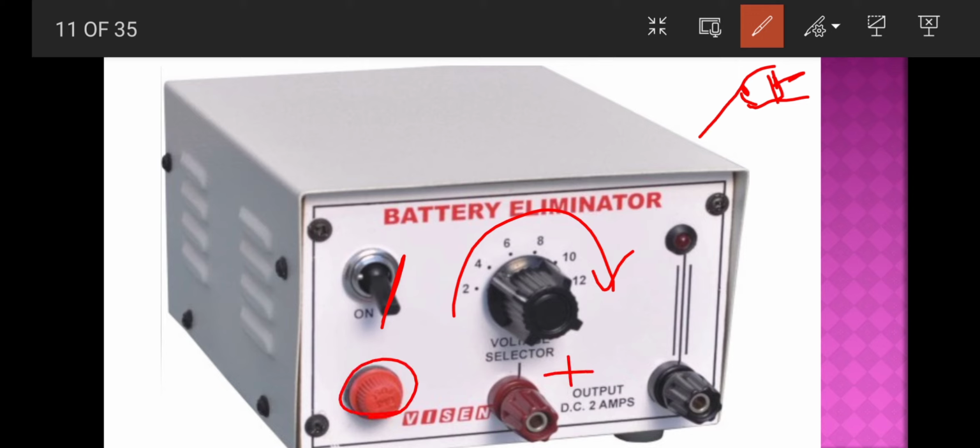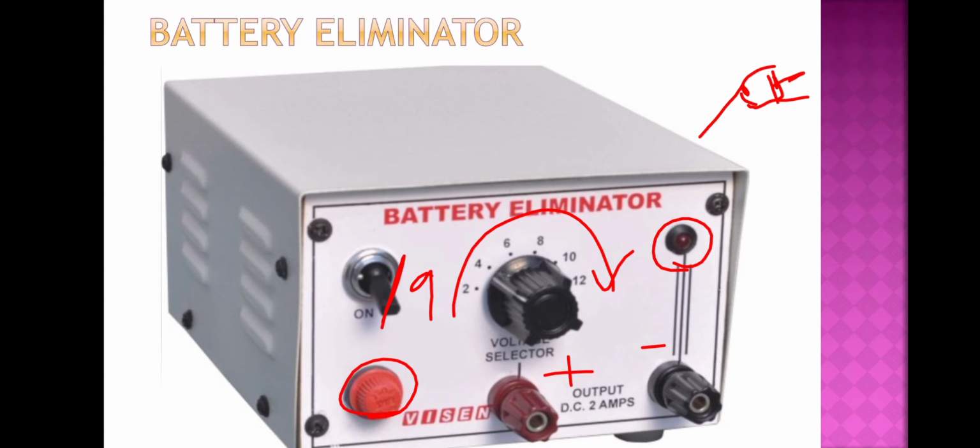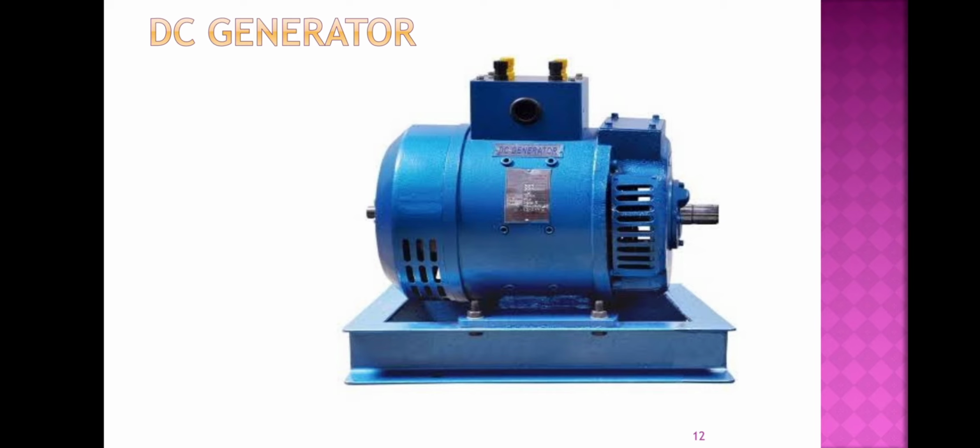This is the positive terminal and this is the negative terminal. When the switch is on, you will get a red light indication. So this battery eliminator is used to give different voltages. And here is a DC generator. A DC generator is another device which produces DC voltage of higher range.